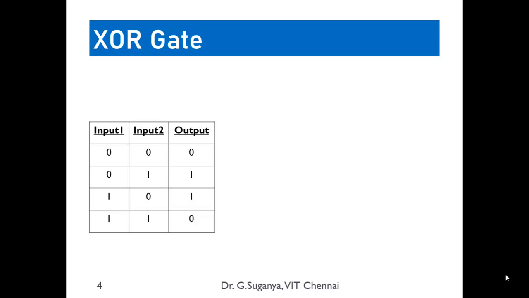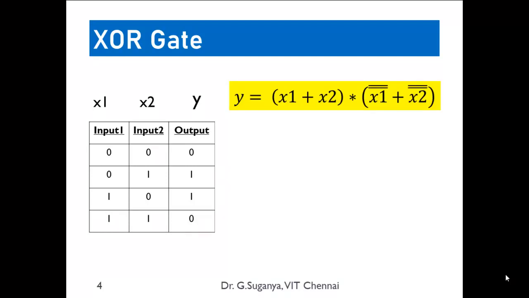Now, let us explore the functionality of the XOR gate. Let us assume input 1 is represented using x1, input 2 is represented using x2, and the output is represented using y. The formula used to calculate the output y goes like this: (x1 + x2) * (x1 bar + x2 bar), where the plus represents the functionality of the OR gate, star represents the functionality of the AND gate, and the bar represents the functionality of the NOT gate.